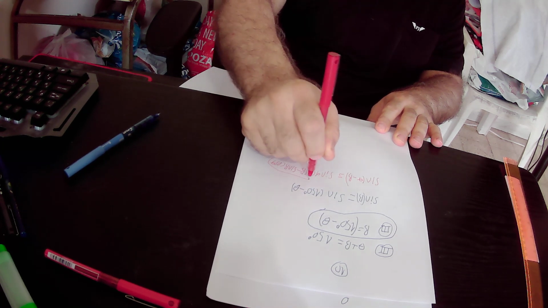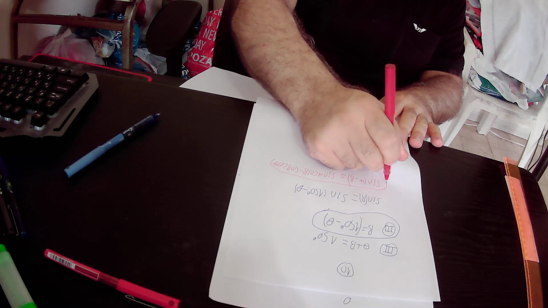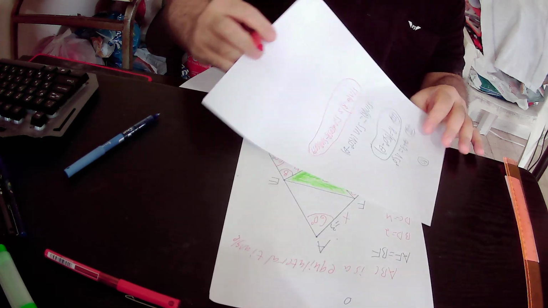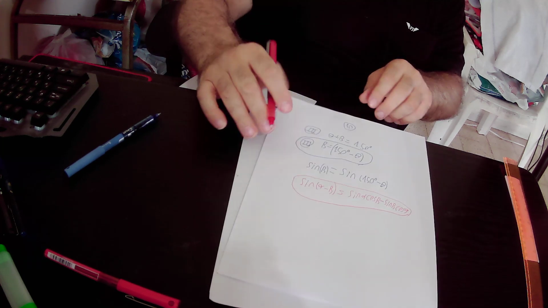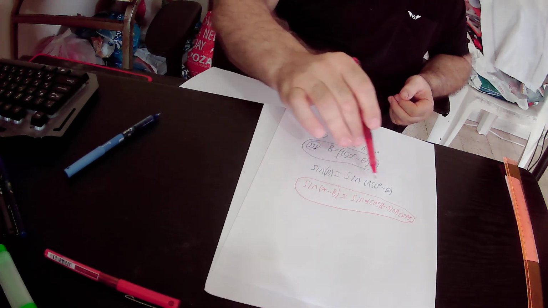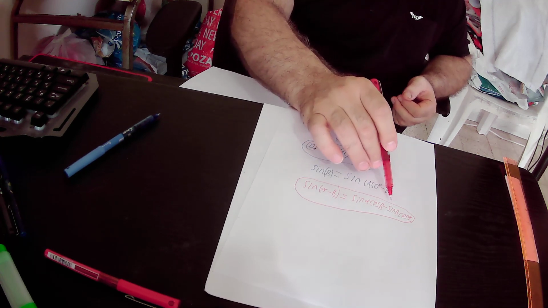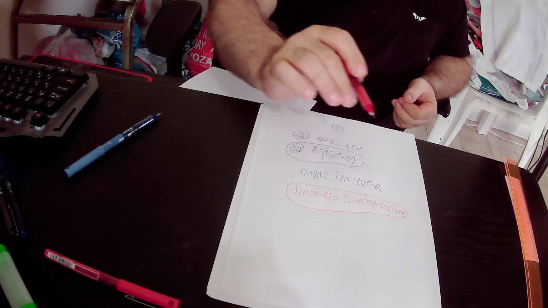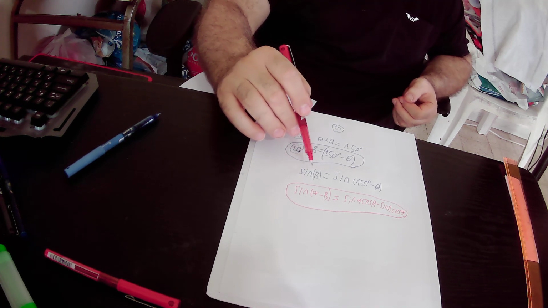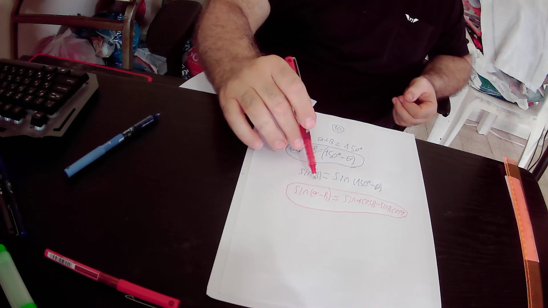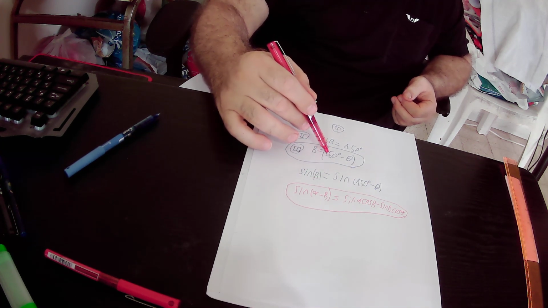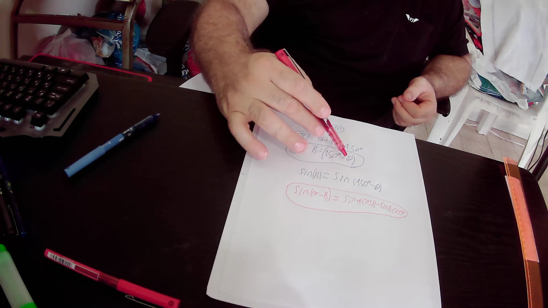Here we'll substitute alpha by 150 degrees and beta by theta.